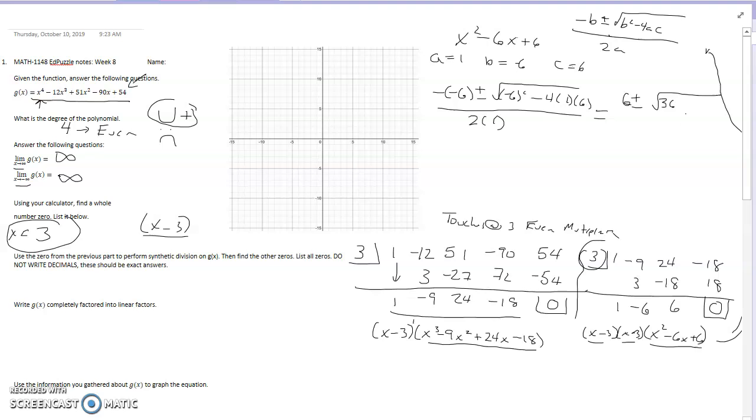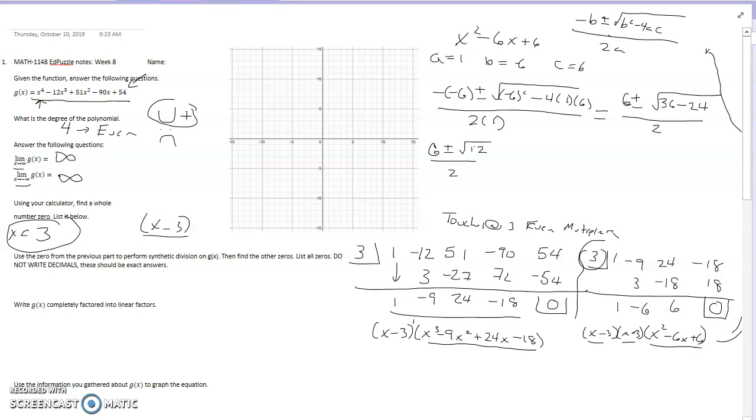Negative 4 times positive 6 is negative 24. All over 2 times 1 is 2. All right, 36 minus 24 is 12, so this becomes 6 plus or minus square root of 12 over 2.